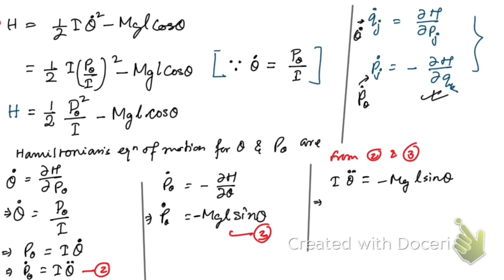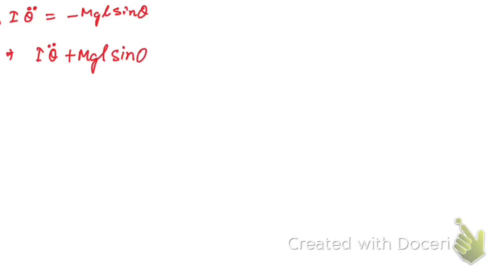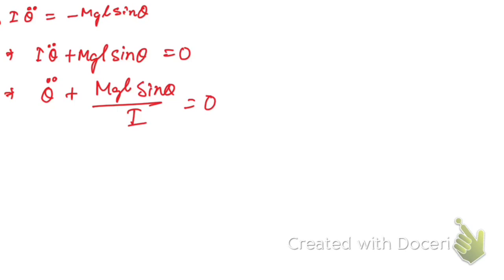If you simplify it, I theta double dot plus mgl sin theta is equal to 0. Now let me take a new slide. If we divide both sides by I, we have theta double dot plus mgl sin theta by I is equal to 0 divided by I, that's 0.